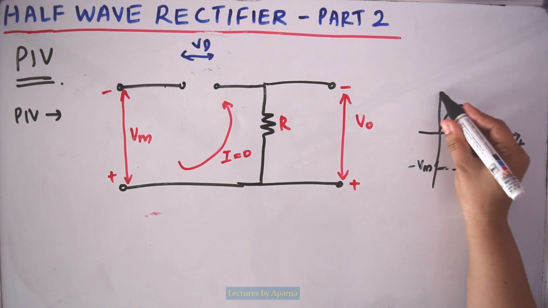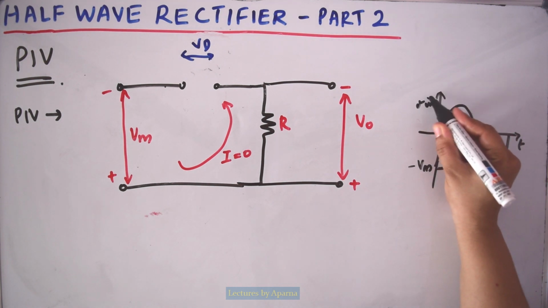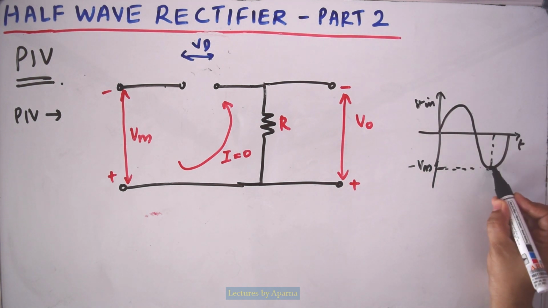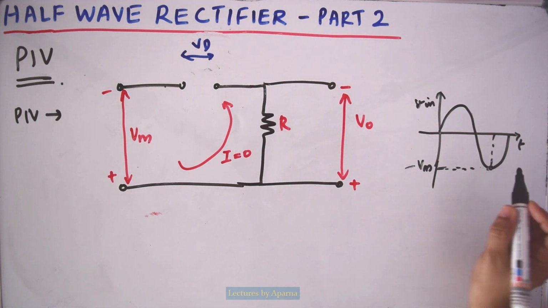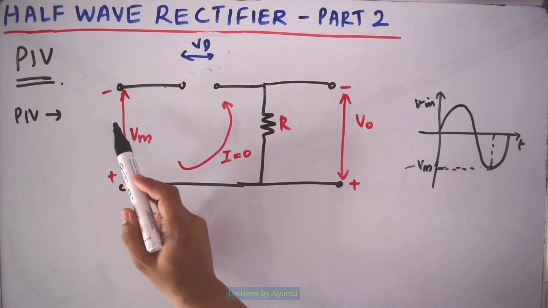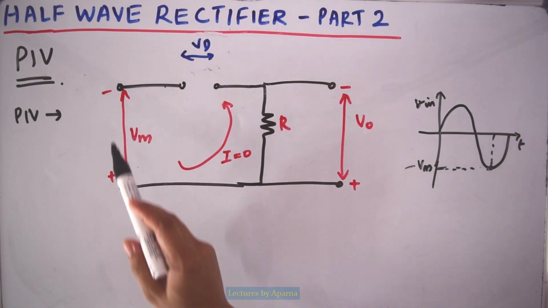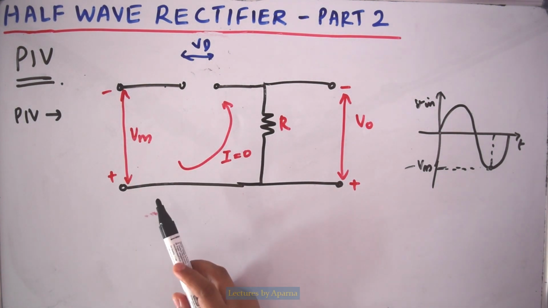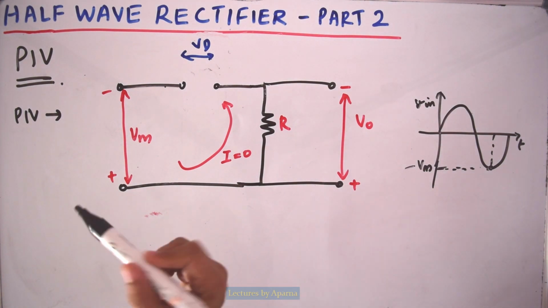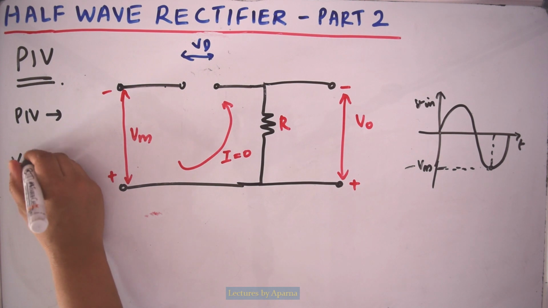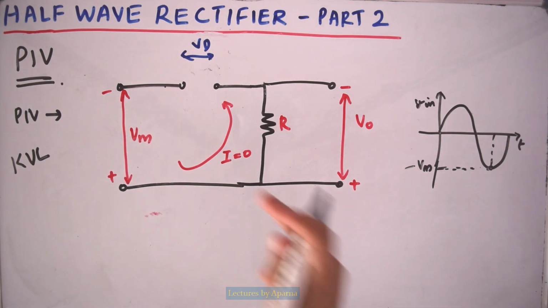This is the time and this is the input waveform, and we are considering the instant when the voltage is reaching the peak in the negative half cycle. So its polarity will be like this, negative here, plus here, so the diode will be reverse biased. Now let us apply Kirchhoff's voltage law in this loop.